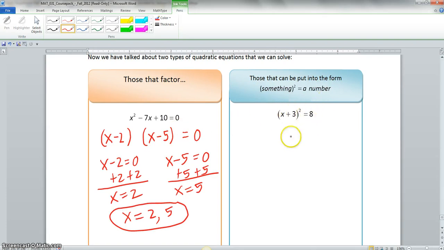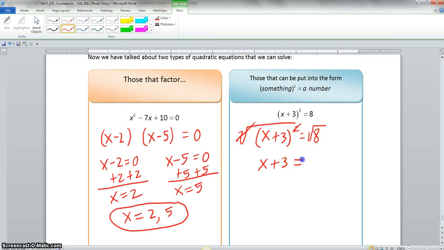Now, if we were using the radical method that we learned, or the square root method that we learned, we would take the square root of both sides. Now we know this square root and this square would simplify out and leave us x plus 3.